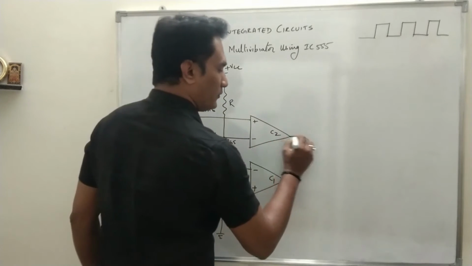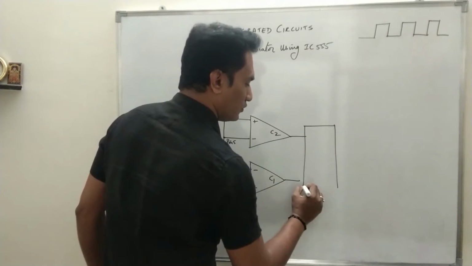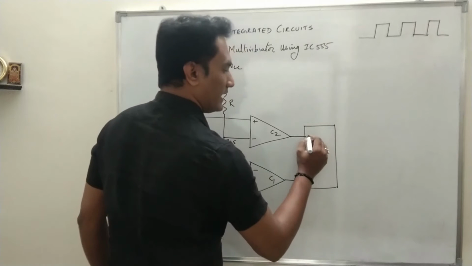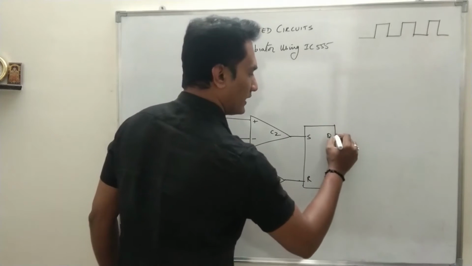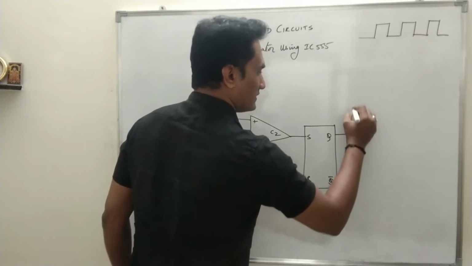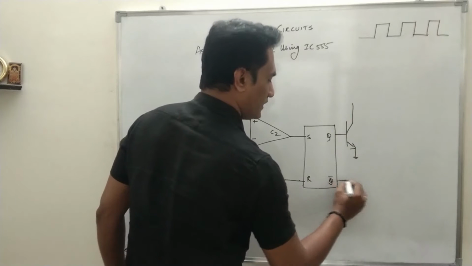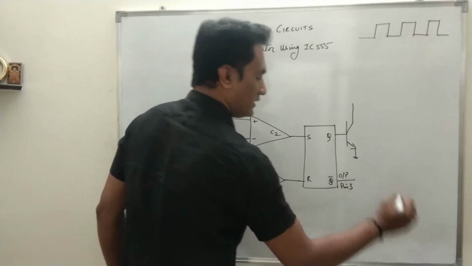Okay, the outputs of these 2 comparators are given to the SR flip-flop, with outputs Q and Q bar. At the Q output we connect a transistor. Okay, the Q bar output is the output pin, which is pin number 3.